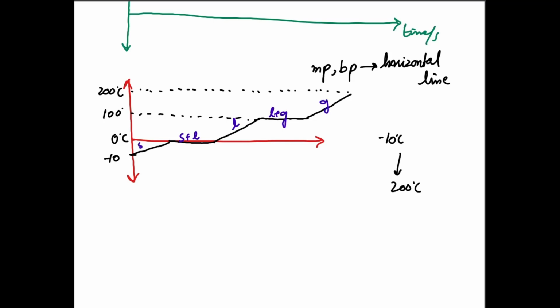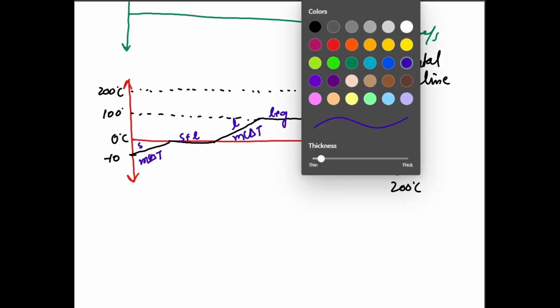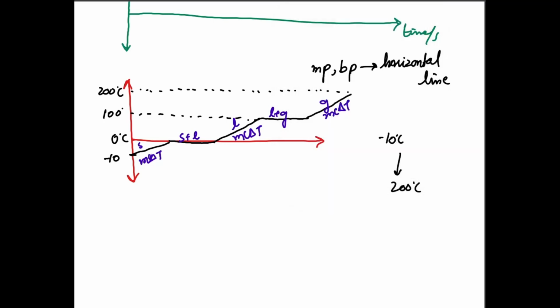Since there is a change of temperature, there will be mc delta T. Even for gas, mc delta T, because between the same state you can have a change of temperature, right? When it reaches its melting point, we use the formula mL_f, latent heat of fusion. When it reaches its boiling point, we use the formula mL_v, vaporization.